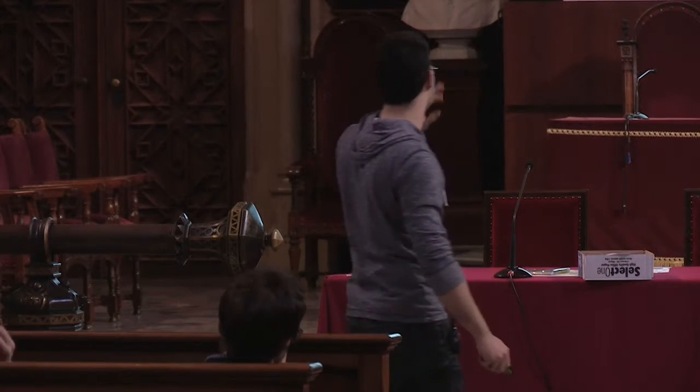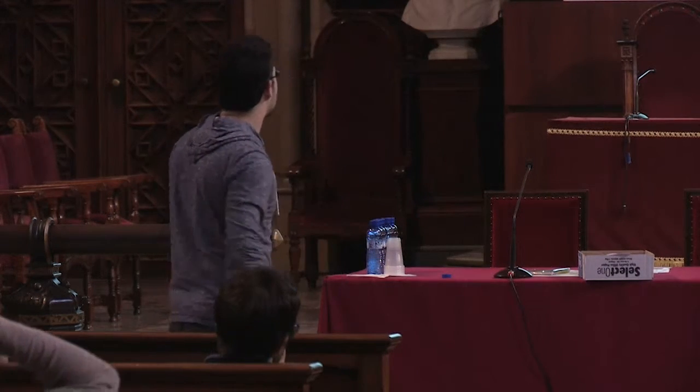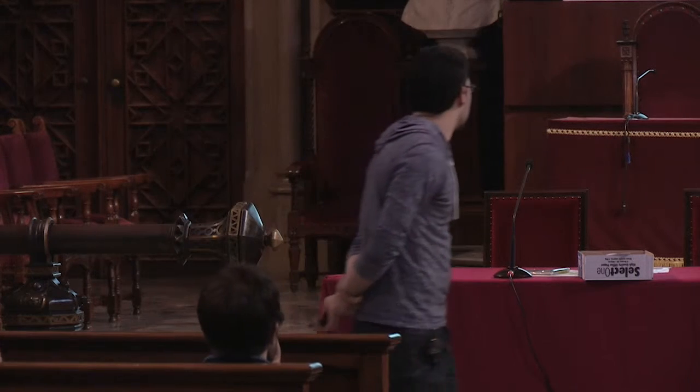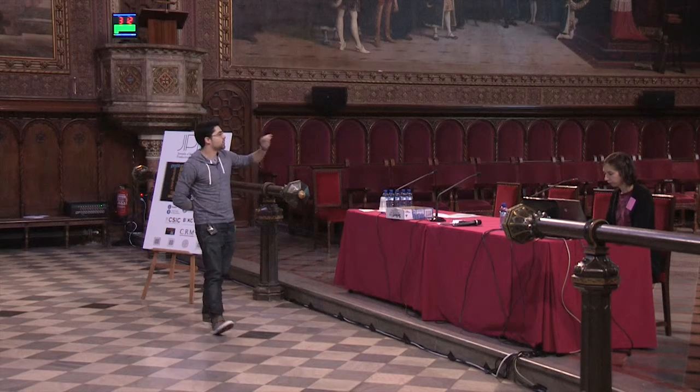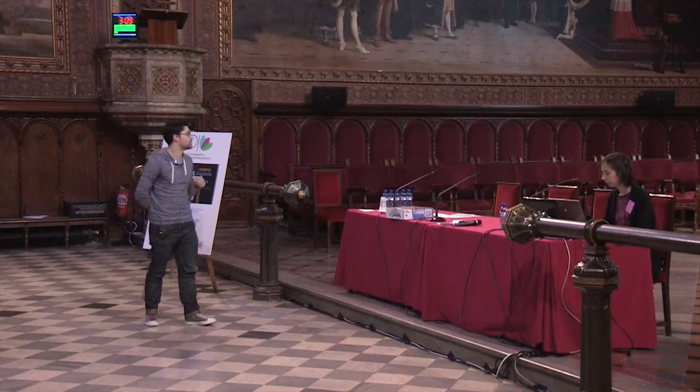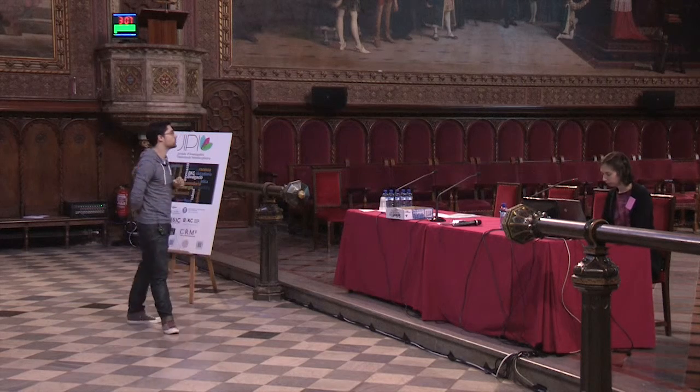So I started with this, and I made a simple physical and mechanical model. In this model I just take into account the potential energy, the variation of potential energy when we walk. It is a very simple model, but surprisingly, it reproduces the results. We can see in this graphic that the minimum of energy spending is at minus 10% too.